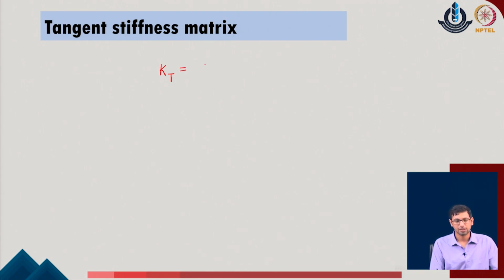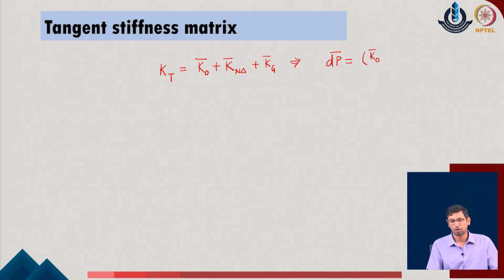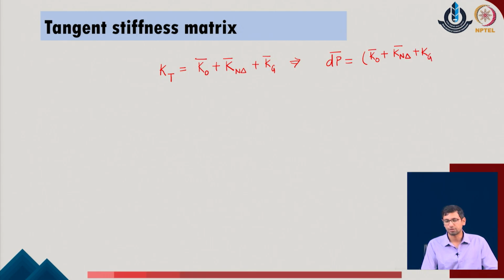We define it as the sum of the linear stiffness of the given system, the nonlinear stiffness with respect to the delta deformations in the given system, and the geometrical stiffness of the given system. So, using this overall idea, we realize that the expression can be written as dP bar is equal to k naught bar plus k of n delta bar plus k of g, which is the geometrical stiffness term, into dU bar in the given system, and the sum of all these three stiffnesses is the kT, or the tangent stiffness matrix of the given system.